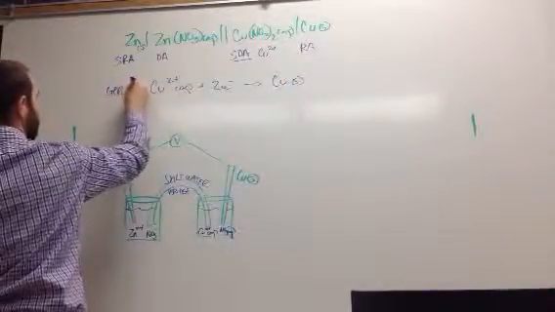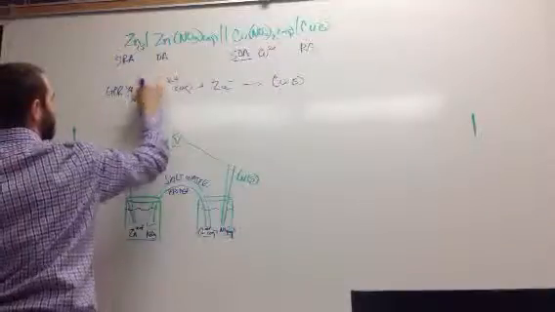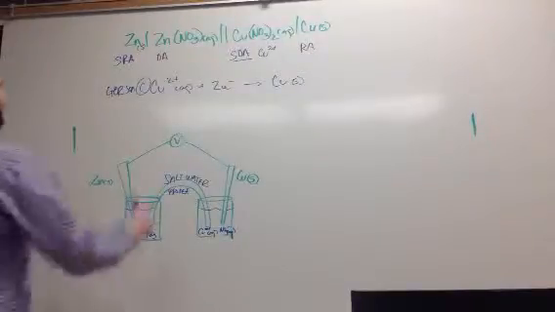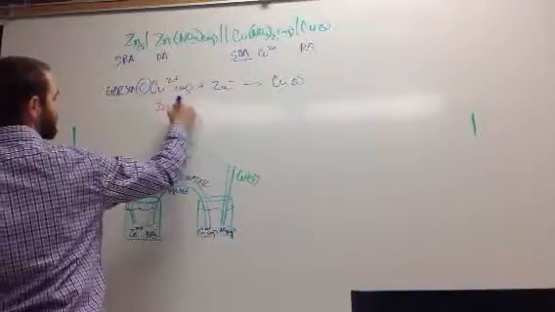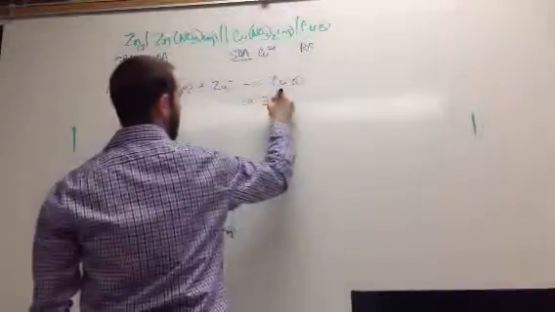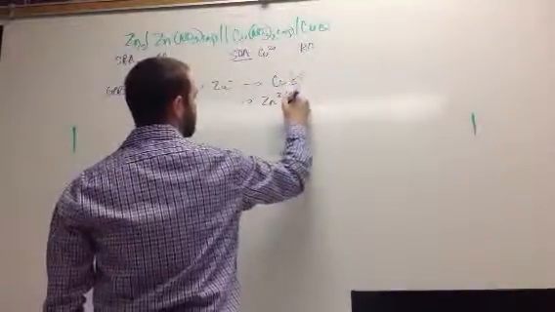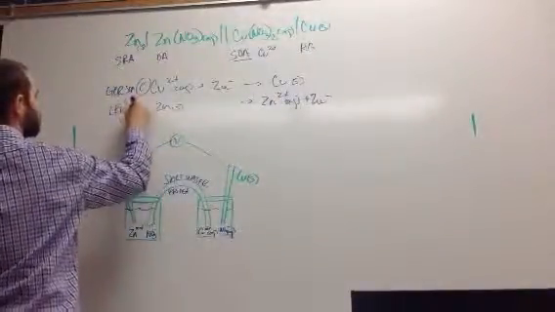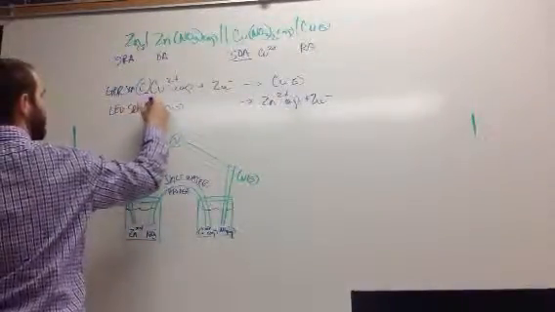This is my strongest oxidizing agent, and that is my cathode. So the oxidizing agent is always the cathode, and then my zinc solid will become zinc ions and 2 electrons, and that is the loss of electrons, oxidation. Strongest reducing agent is my anode.